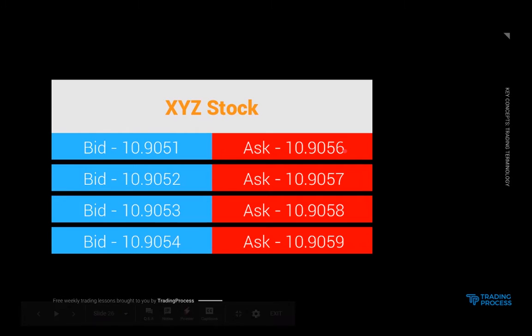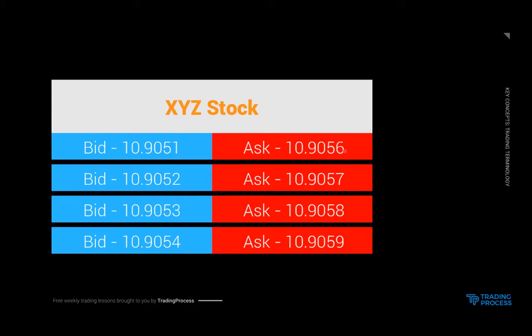So in order to demonstrate this a bit better, we said that we bought at 10.9055, right? At that time, the bid price was 10.9050. Right now, let's assume that our XYZ stock will be going up. When the ask price becomes 56, the bid will become 51.